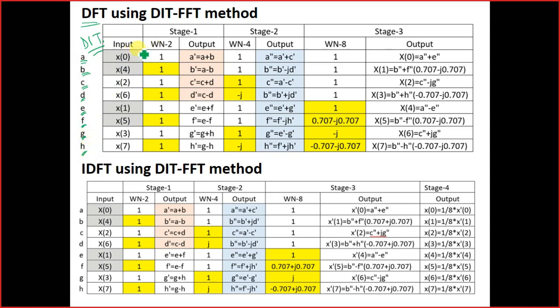Now first we have to do grouping, two at a time, because we will be performing 2-point FFT. So in the 2-point FFT, in the yellow cells, you have to put in your twiddle factor values.